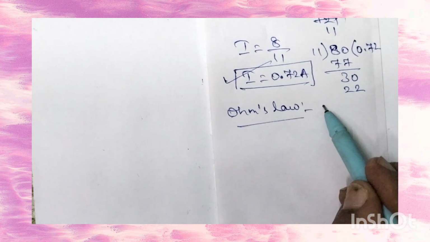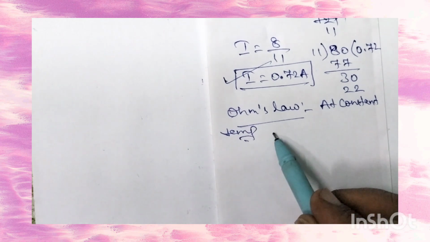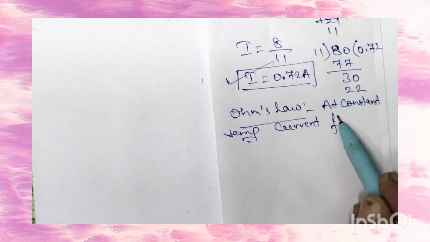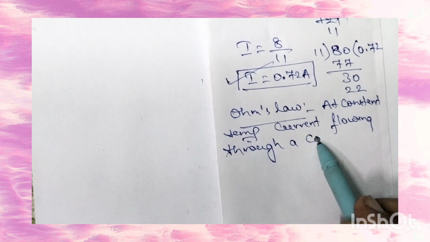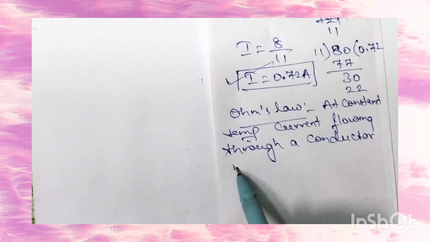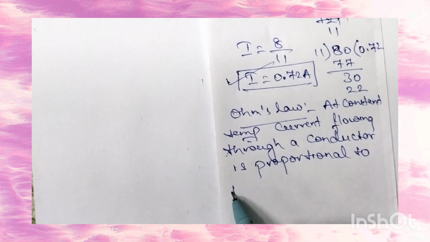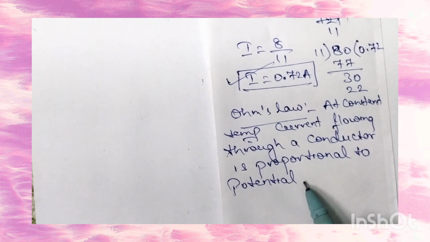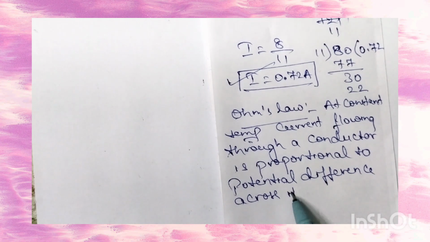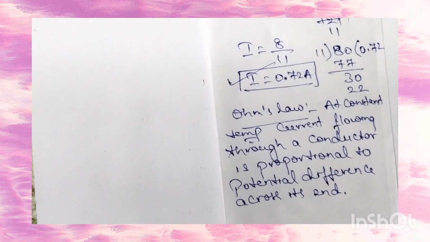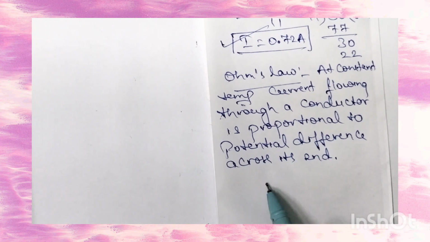According to Ohm's law, at constant temperature, current flowing through a conductor is proportional to potential difference across its ends. So this is Ohm's law.